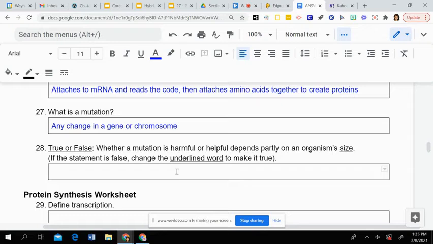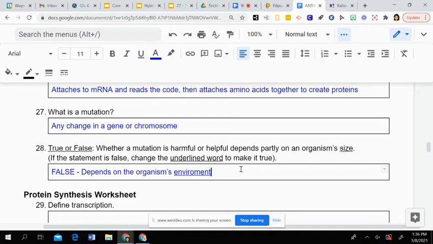Gage? It is false. What does it depend on? Ainsley? No. Allie? The organism's environment. It depends on the organism's environment. So what it's surrounded by.